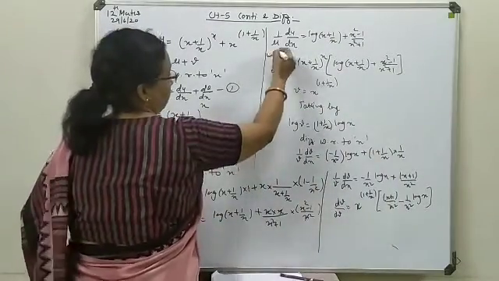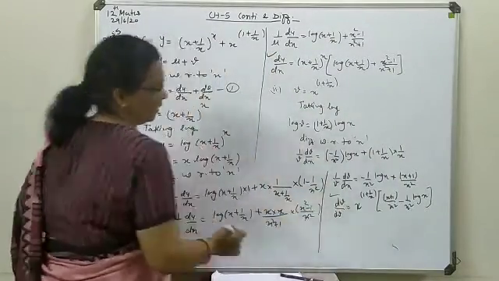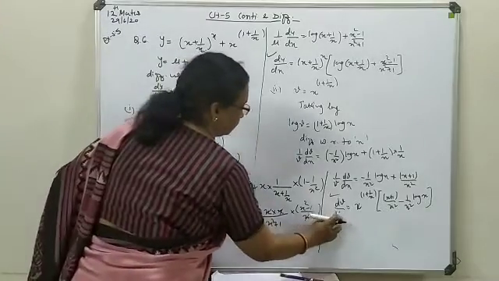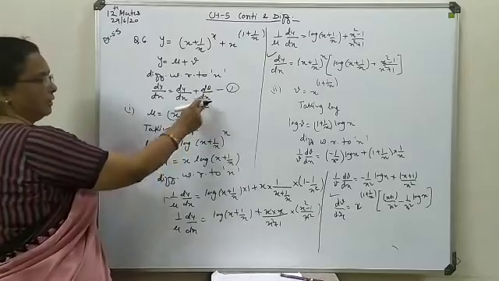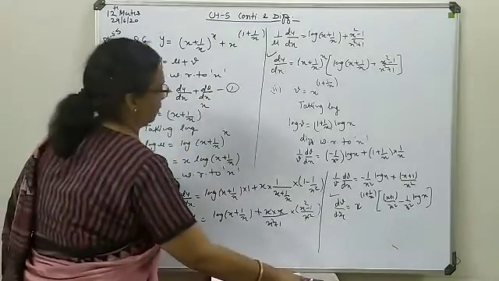Now du by dx we have separated out, dv by dx we have separated out. Now both are to be substituted in this first equation. So your answer will come out.